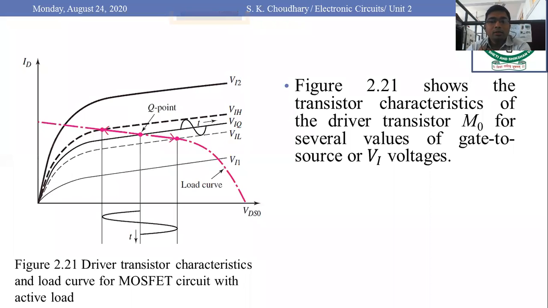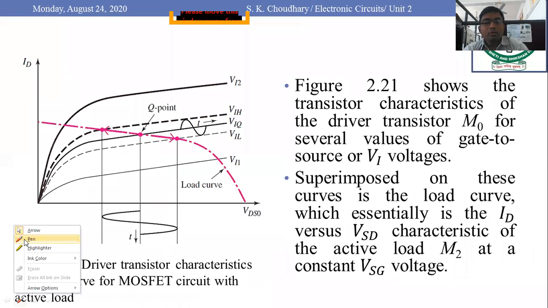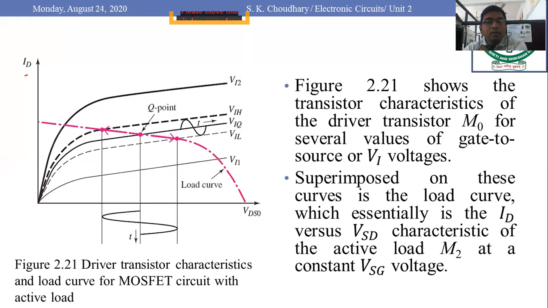It is showing the transistor characteristics. Which transistor characteristic? Driver, that is M0 here, for several values of the gate to source or input voltage Vi. So you can see in this particular driver transistor characteristic, first of all, as we know, the output characteristic is plotted between current versus voltage.